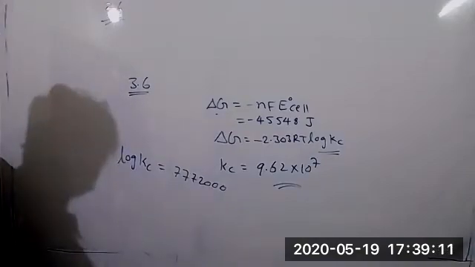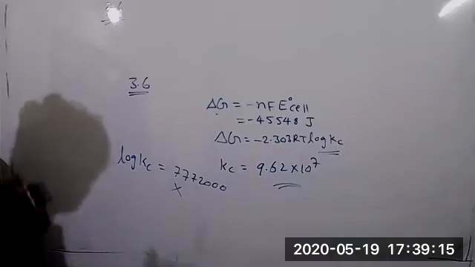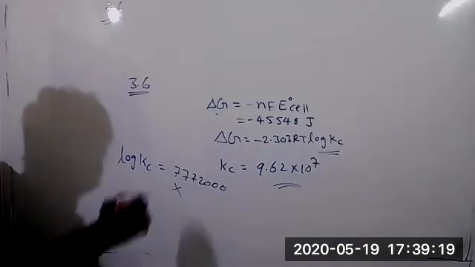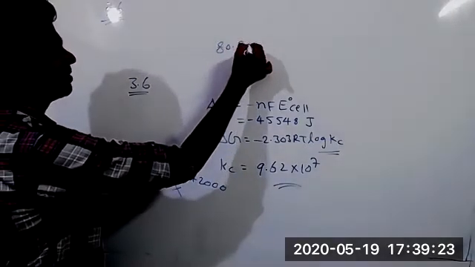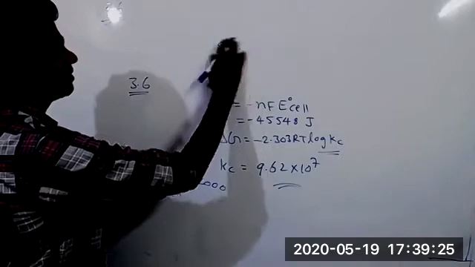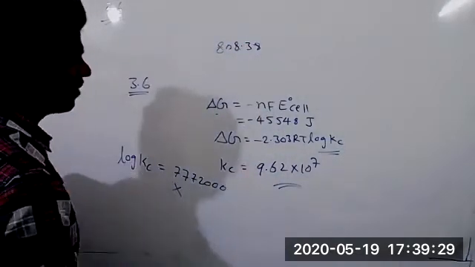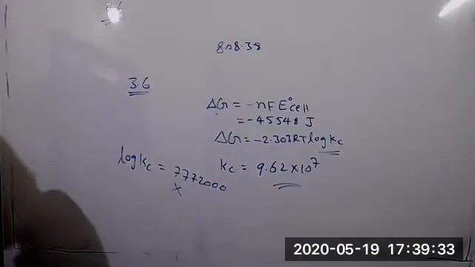No. It's a very big value, it won't come this much. It's wrong. So I got 8.38. No, that's also wrong. I think while substituting the R value or the delta G value, maybe you made a mistake.